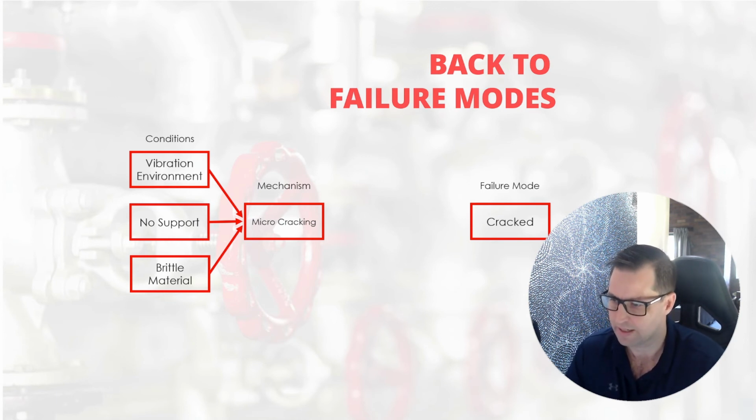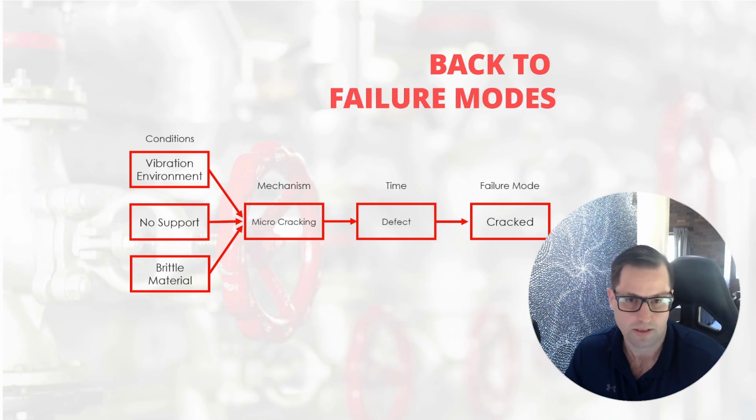And then the micro cracking over time causes a substantial defect, which then causes the evidence of that failure mode that we're looking at, the cracked failure mode. So we can see that a failure mode, just like other events, can have multiple causes. And similar to RCAs, or root cause analysis, if you eliminate any of the causes over to the left, you should, in theory, eliminate the end effect.